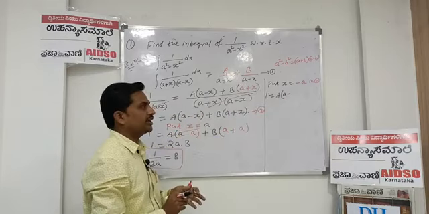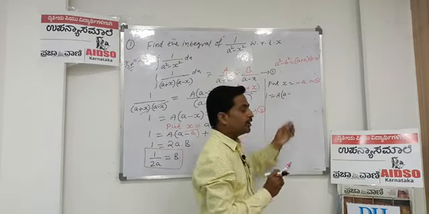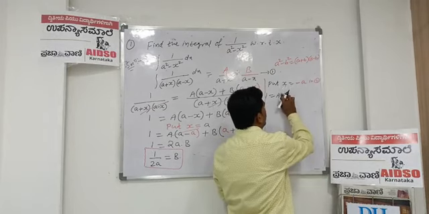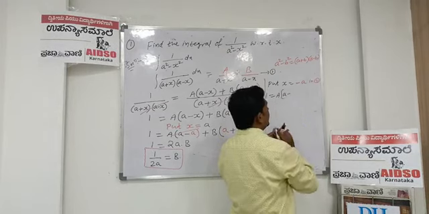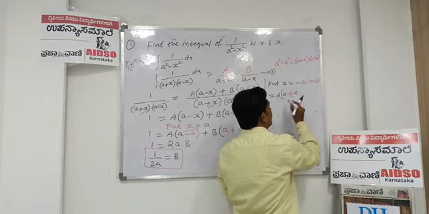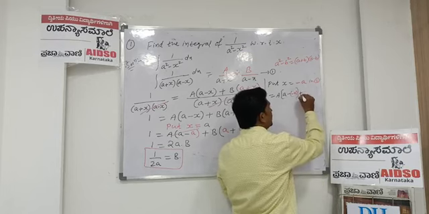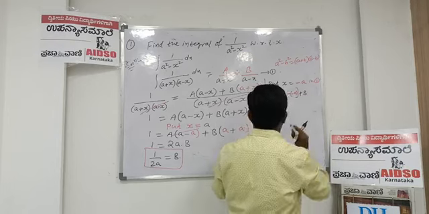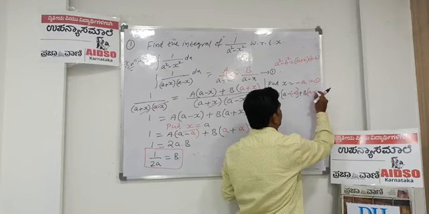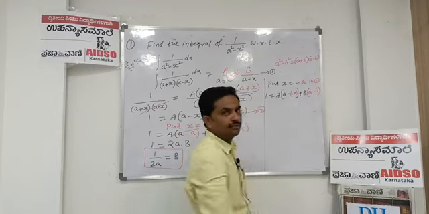place of x, what are we substituting? We are substituting minus a. So it will be equal to a into minus of a, and this will be plus b into, as we progress this becomes a, in place of x we have substituted minus a.